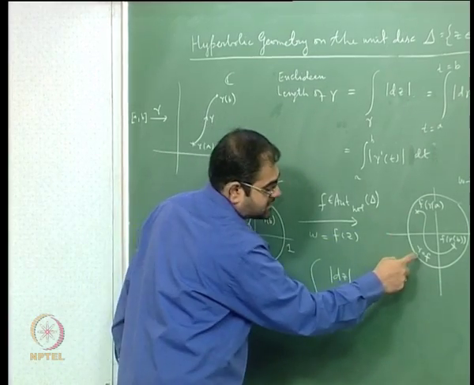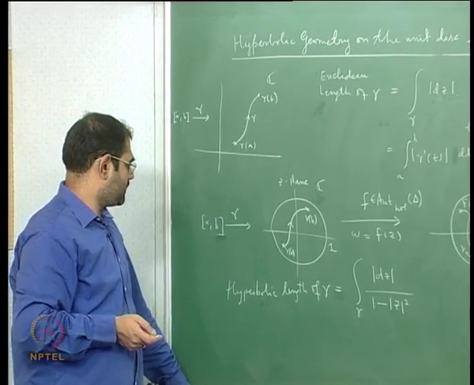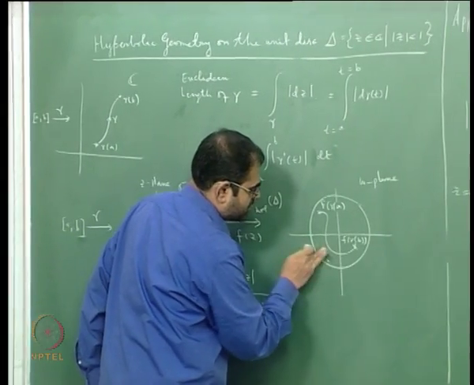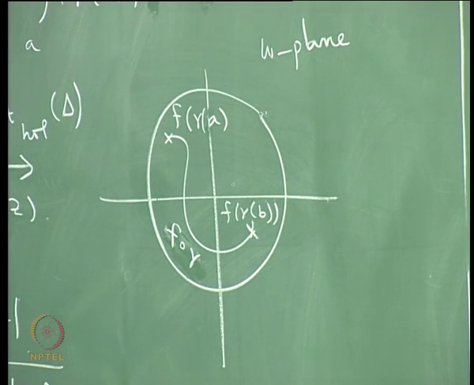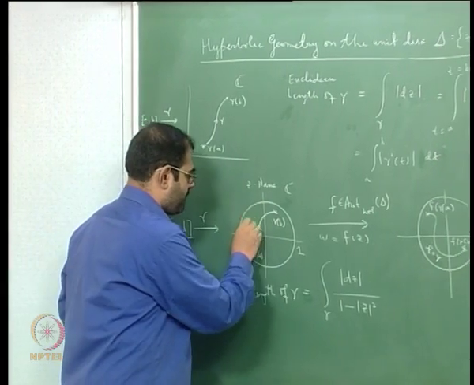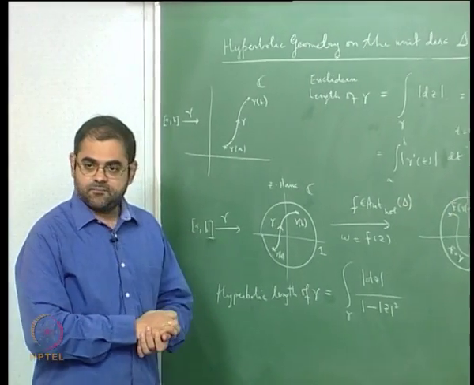And what is that path? It should be f composition gamma, f circle gamma, that's right. So the path gamma is mapped by f isomorphically onto the path f circle gamma.